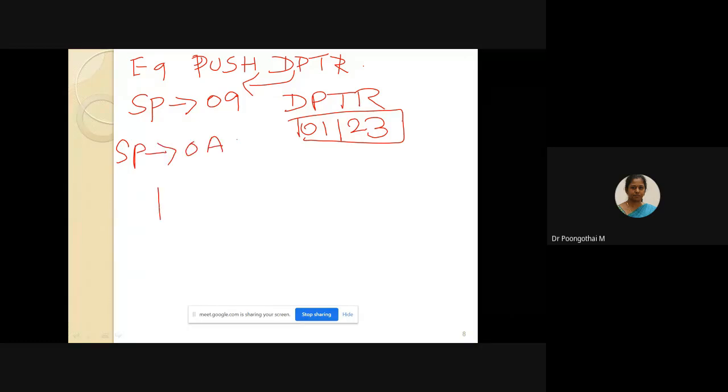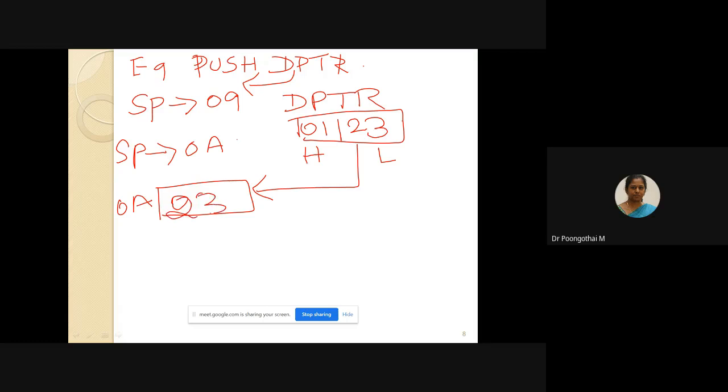After incrementing, DPL is the lower order and DPH is the higher order. The lower order is pushed first: increment and write the data into the stack.